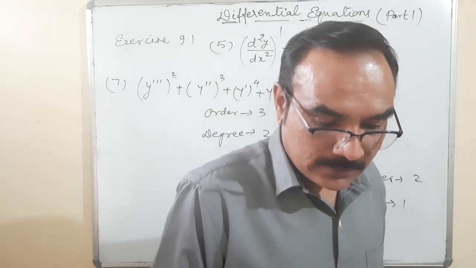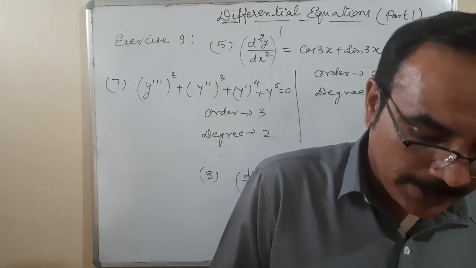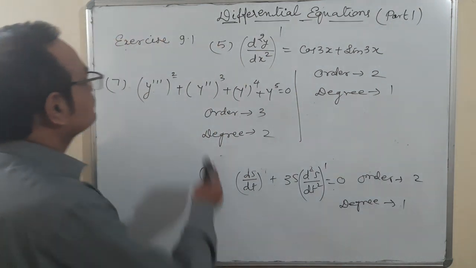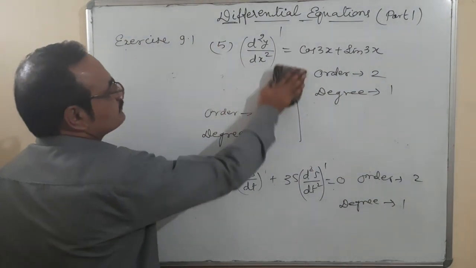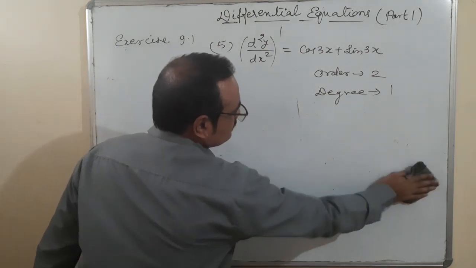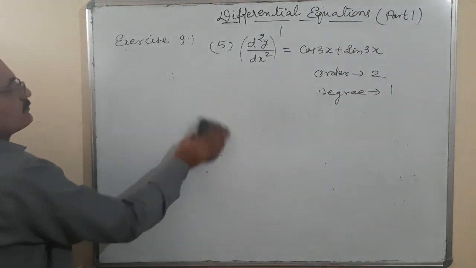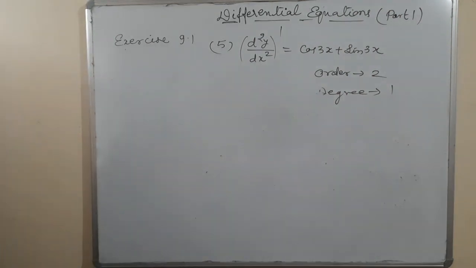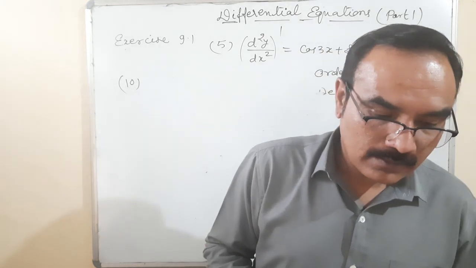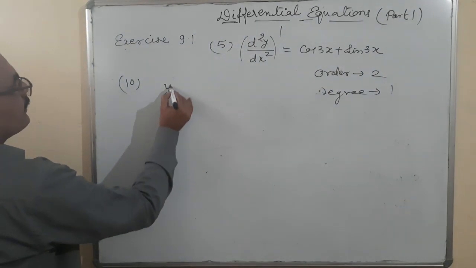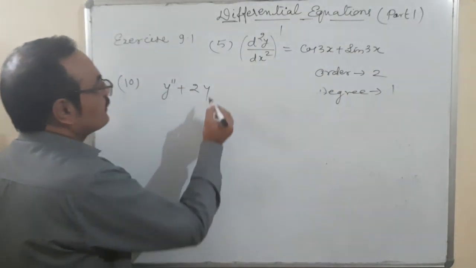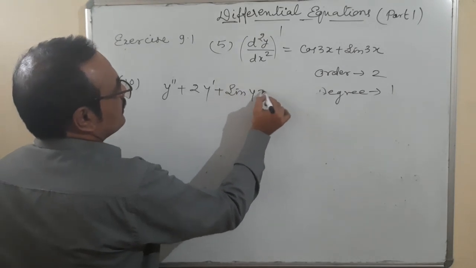So these are the questions. Now one question I want to take, number 10: y double dash plus 2y dash plus sin y is equal to 0.